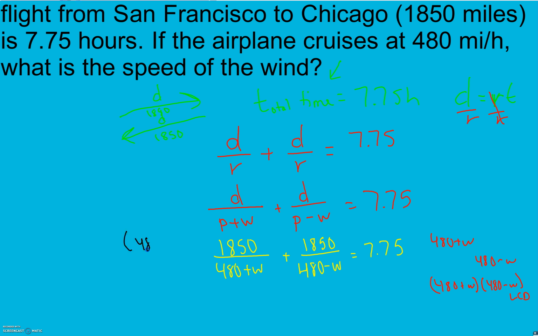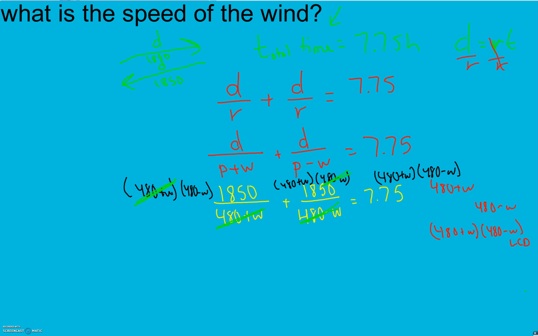So I have 480 plus W, 480 minus W, and again we're doing this to every term. Simplify what you can. 480 plus W cancels there, 480 minus W cancels there, and nothing on the right.